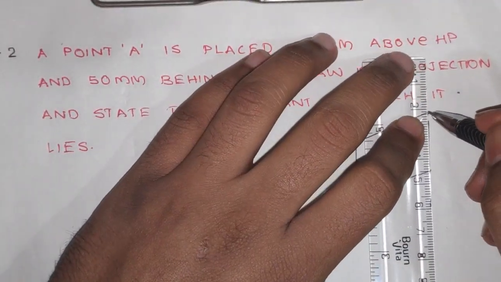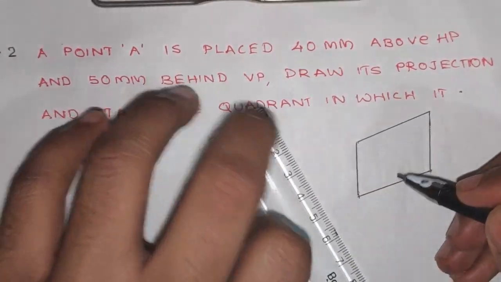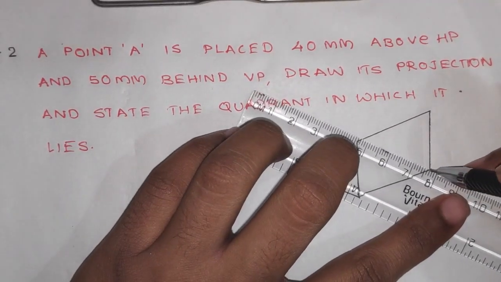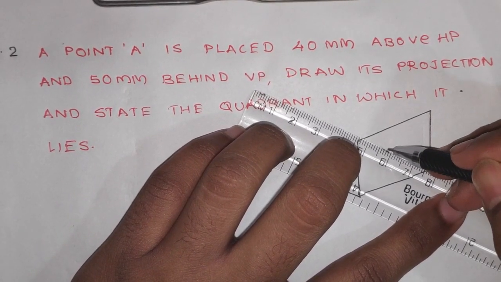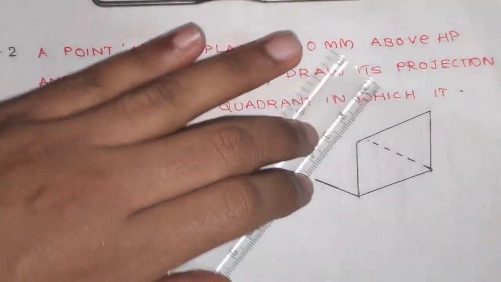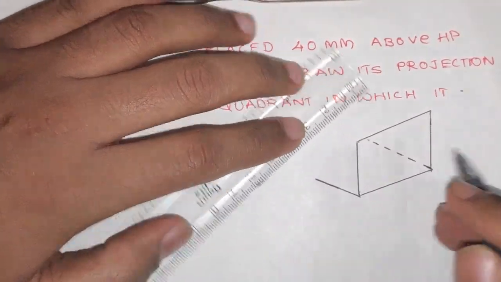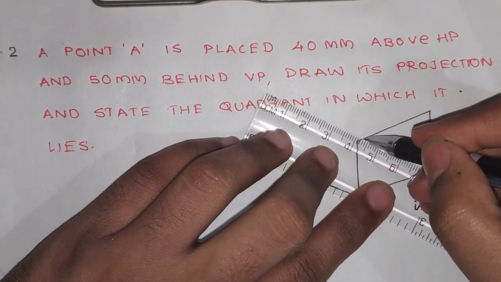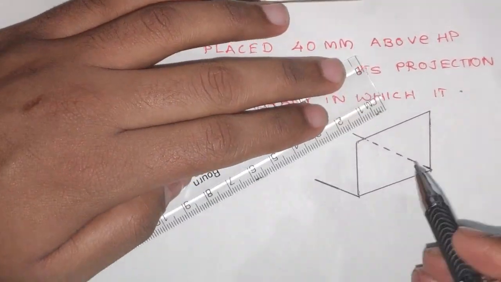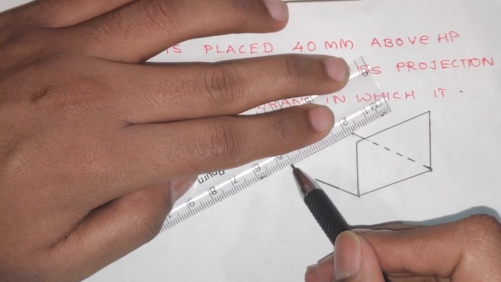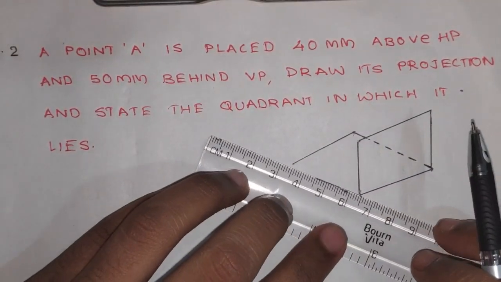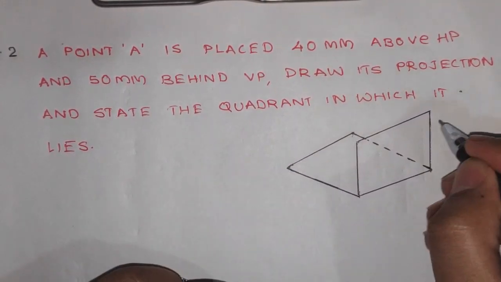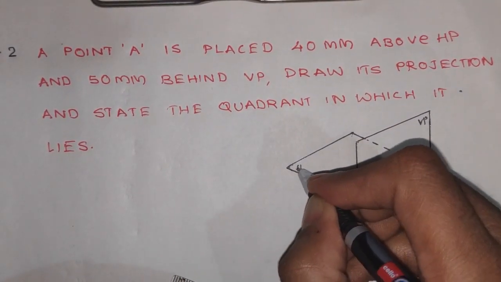And since the point is behind this vertical plane, I'll draw the horizontal plane behind this vertical plane. So this is VP and this is HP.